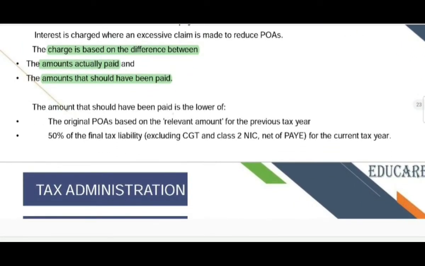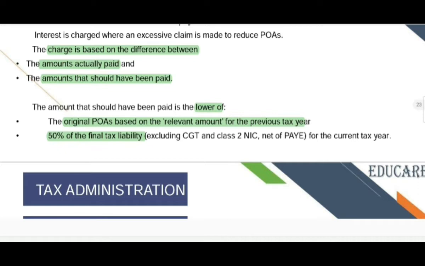The amount that should have been paid can be calculated as the lower of the original payment on account based on relevant amount for the previous tax year and 50% of final tax liability excluding CGT and class 2 NIC for the current tax year. So you need to consider what is the original payment on account, and second, what is the 50% of final tax liability.